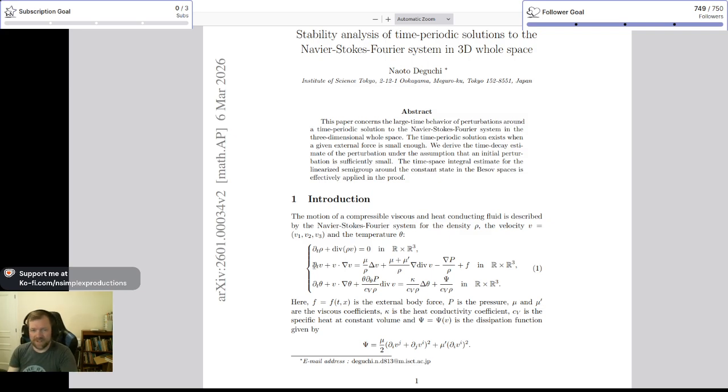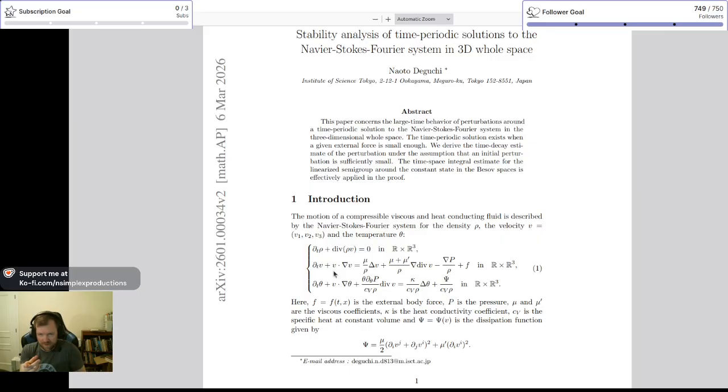The gradient of V dotted with V, plus the derivative with respect to T of V, is equal to mu over rho times delta V plus mu prime over rho times the gradient of the divergence of V minus the gradient of P over rho plus F. Doesn't even tell what mu is.